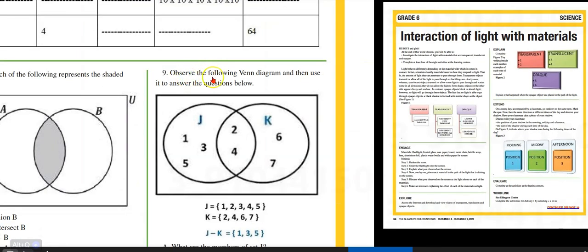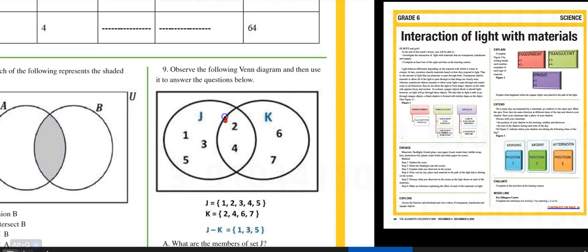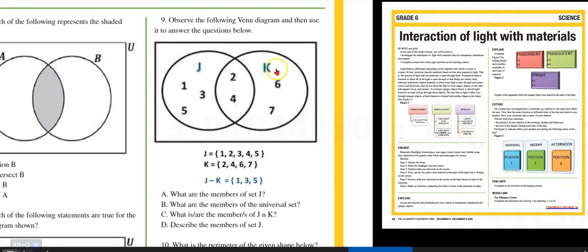Number 9, observe the following Venn diagram and then use it to answer the questions below. So we have J and K, we have 1, 3, and 5, we have 2 and 4 in the intersection, and 6 and 7 there. So set J is equal to 1, 2, 3, 4, 5, and set K is equal to 2, 4, 6, and 7.